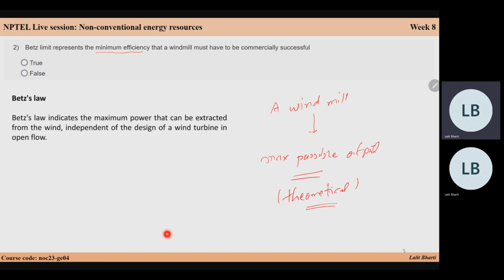So the given statement cannot be true, because it says minimum efficiency, but Betz's limit gives the maximum efficiency of a windmill. So this statement is false.